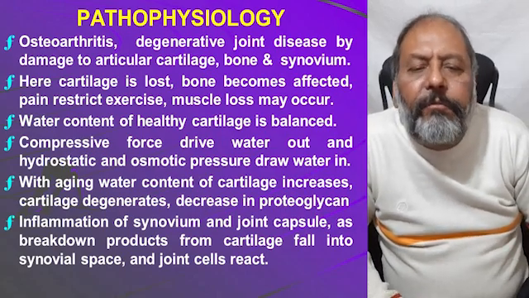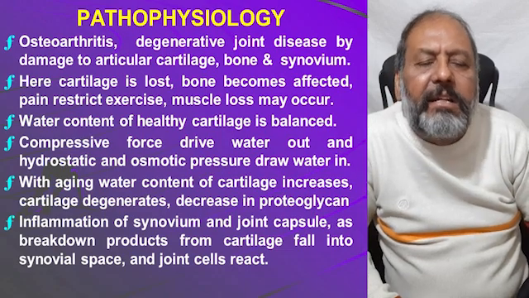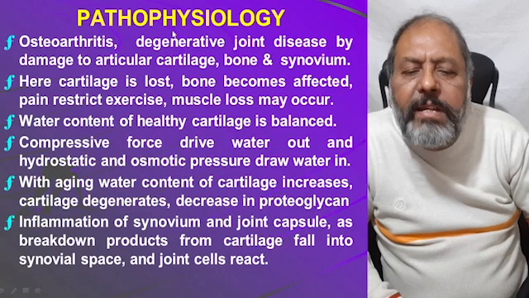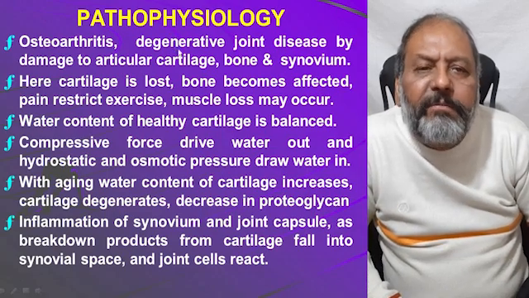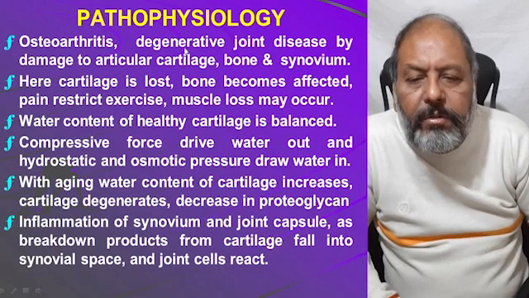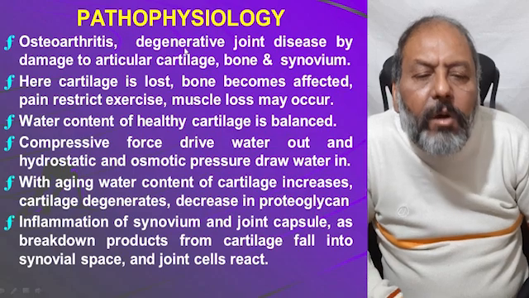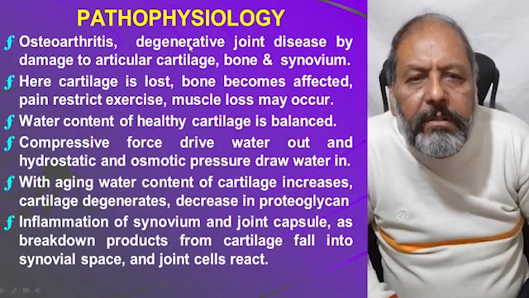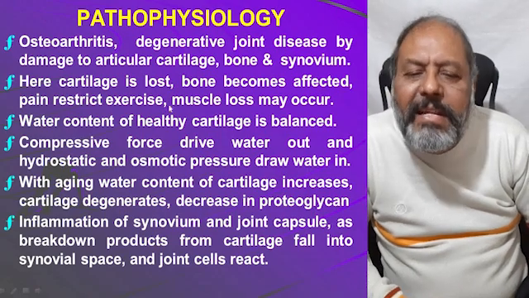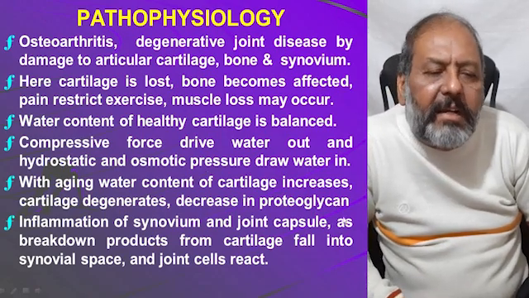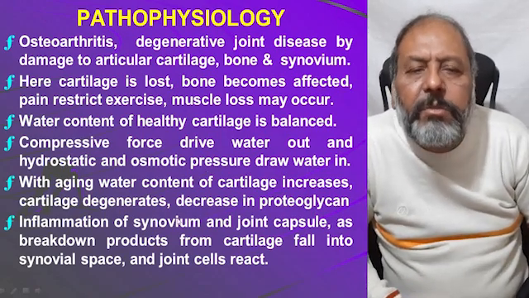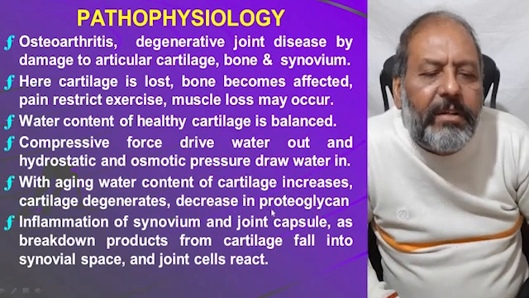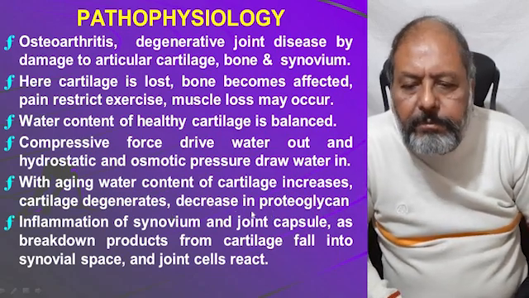The water content of healthy cartilage is balanced by two forces. One is compressive force that drives the water out, and hydrostatic and osmotic pressure draws the water into the cartilage. With aging, the water content of the cartilage increases, so the cartilage degenerates and there is a decrease in proteoglycan.